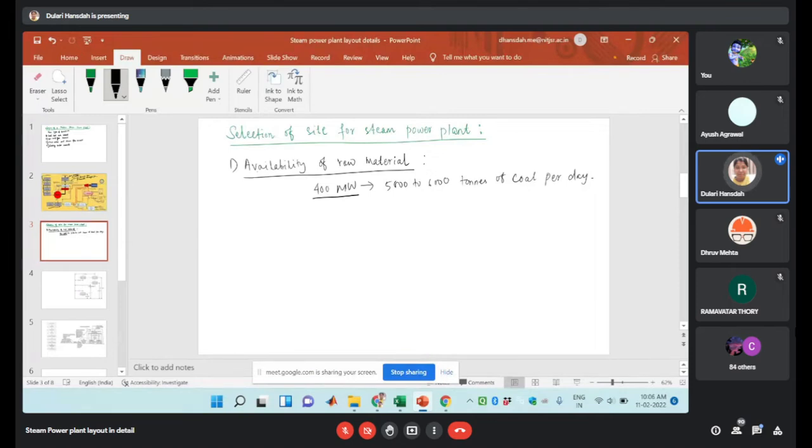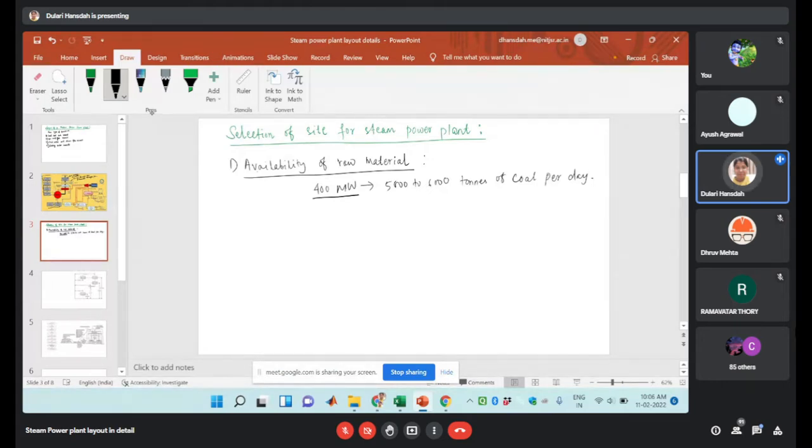In a thermal power plant, there may be 2 to 3 units as per the capacity of the thermal power plant, which will generate 500 megawatt or 400 megawatt as per the demand that will be designed. So the minimum of this amount of coal is required to generate 400 megawatt of capacity.